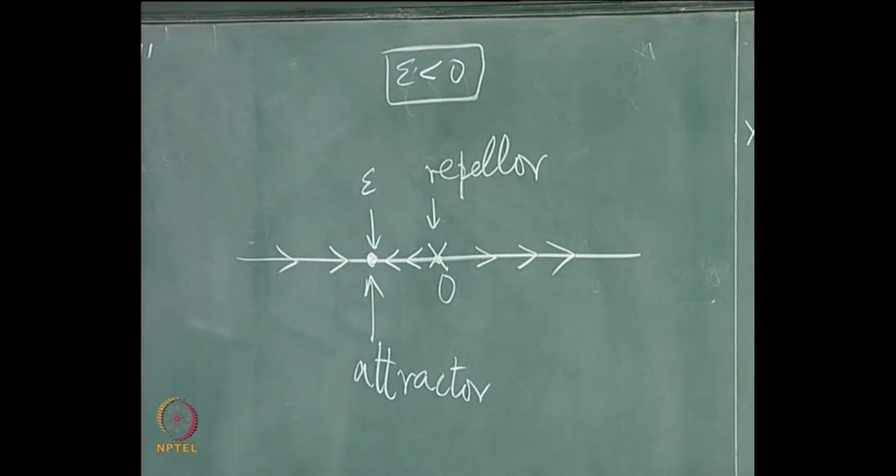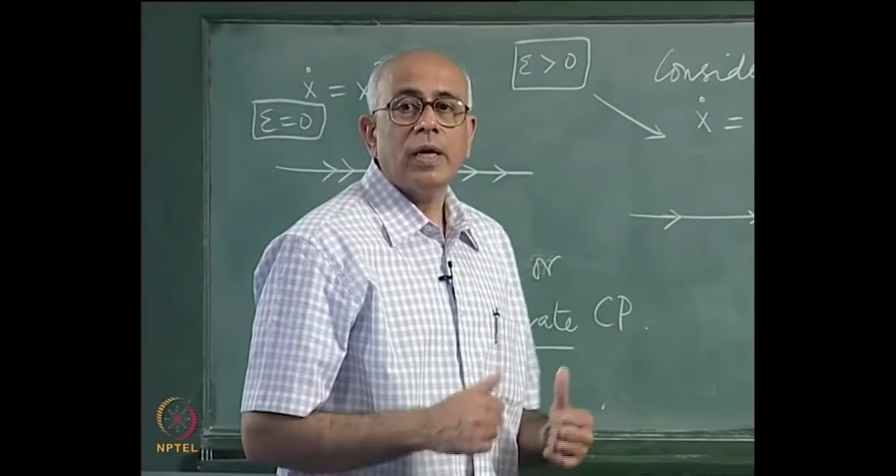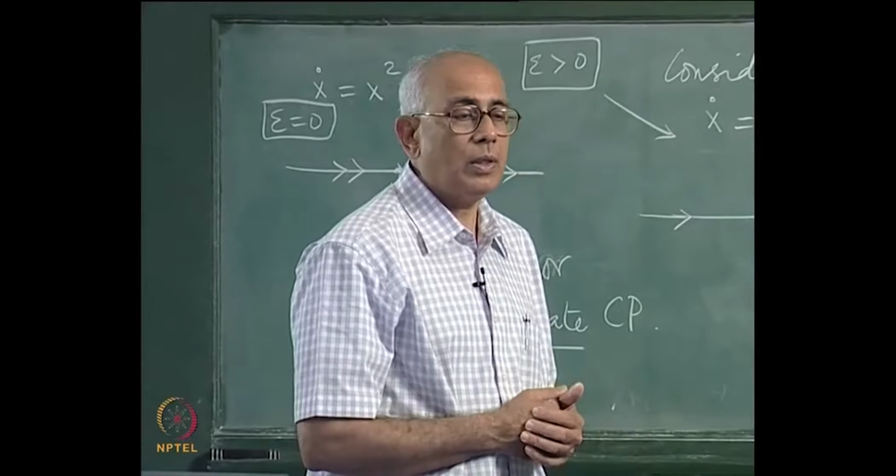So it is evident from this simple example that at epsilon equal to 0 the system's behavior changes qualitatively. It changes from a situation where epsilon was the repeller and 0 was the attractor, to the opposite situation where 0 is the repeller and epsilon is the attractor. There is a qualitative change in behavior across this point epsilon equal to 0. In other words, a bifurcation of the system happens at parameter value epsilon equal to 0.